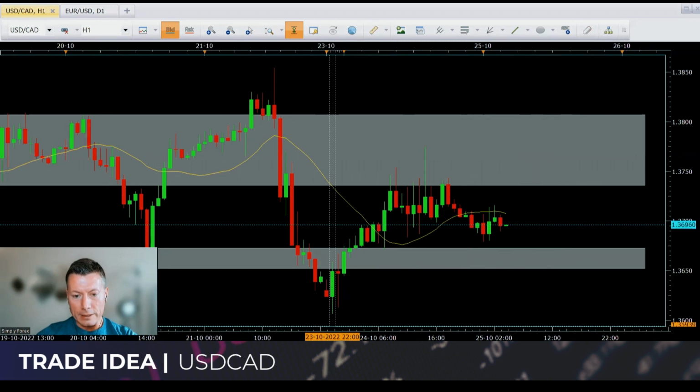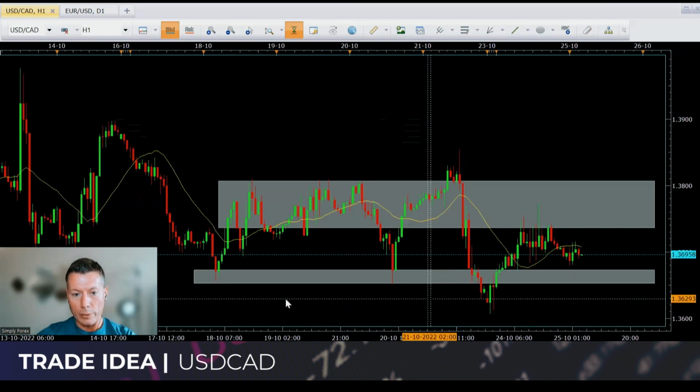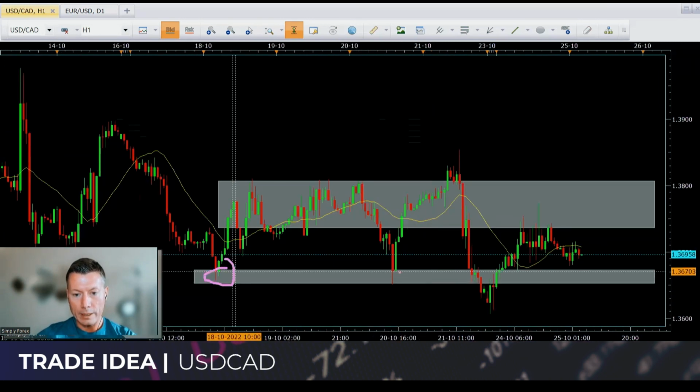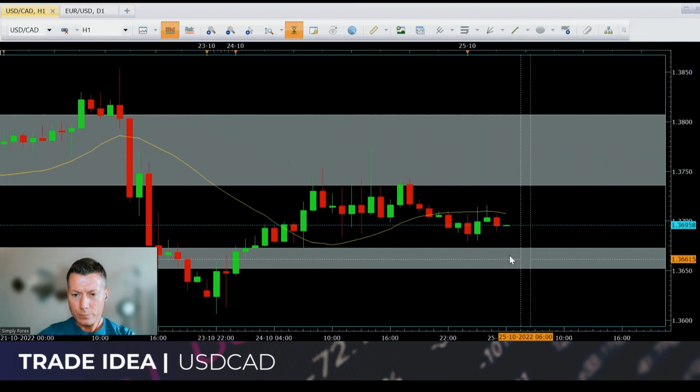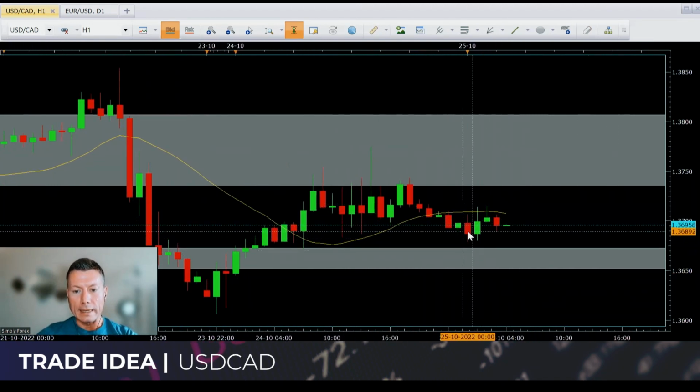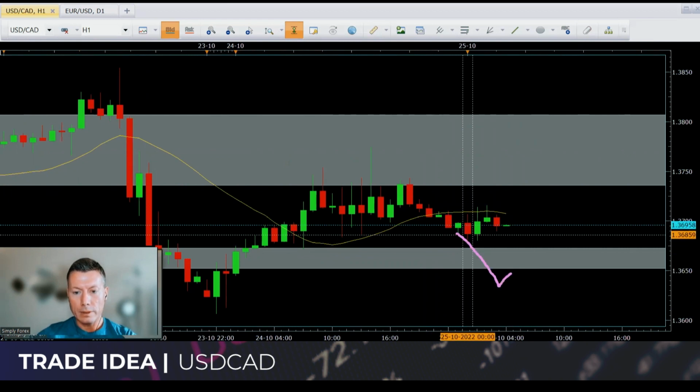The second thing, guys, is this. This lower grey zone, because of this low here, is an important level. So if we zoom back in, what we want to see is price breaking down of this grey zone, with H1 structure. That will happen naturally.